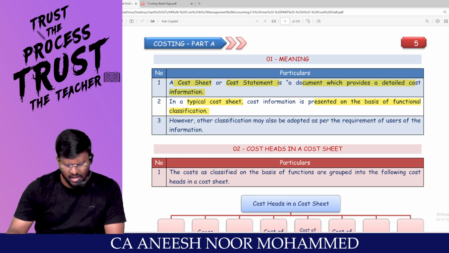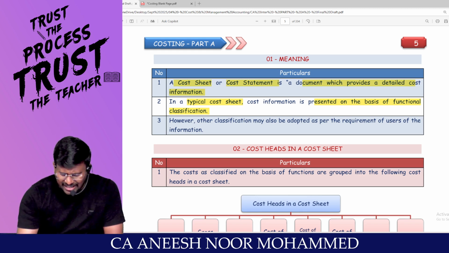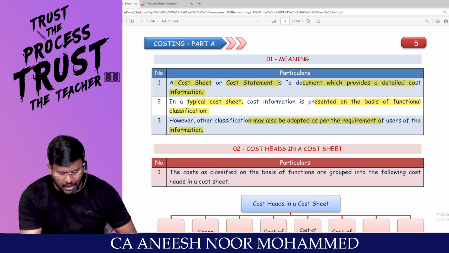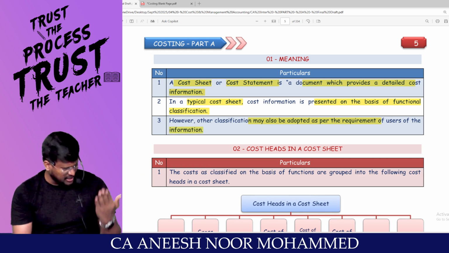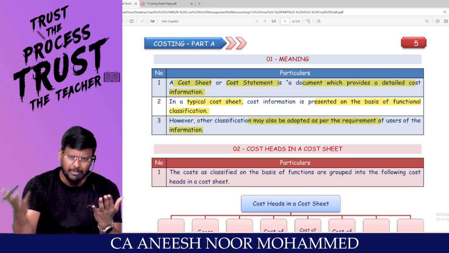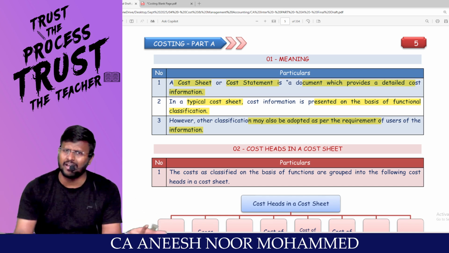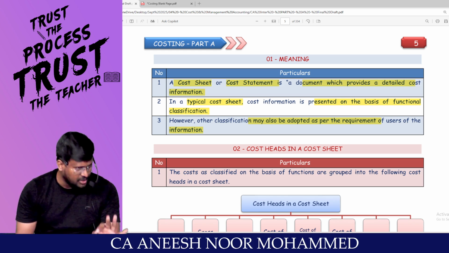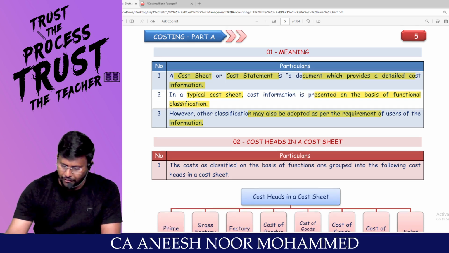However, if you want, other classification can also be adopted as per the requirement of the users of the information. If the users of the cost sheet say, I don't want this format, I want some other format, such as a cost account, you can prepare in that format also. But the prescribed format is on a functional basis.